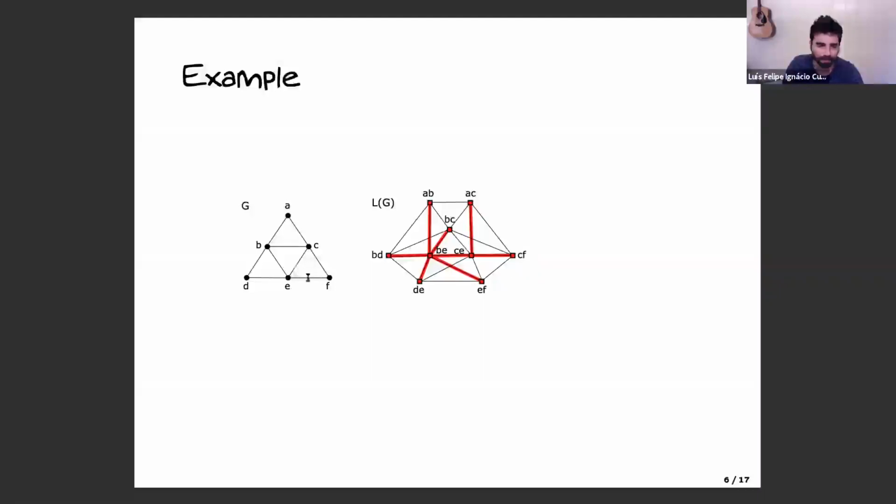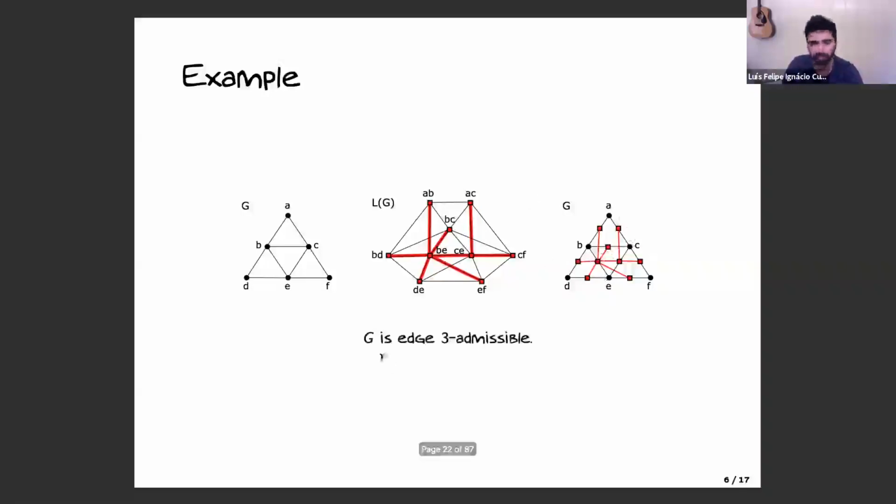This is equivalent, in the graph G, which we can see in this overlapping of the graph G and its line graph L of G. For each edge we have a vertex, here in square, and the edges CF and EF are at distance 3 along this path over the edges in the graph G. So with this, we say that G is edge 3-admissible.